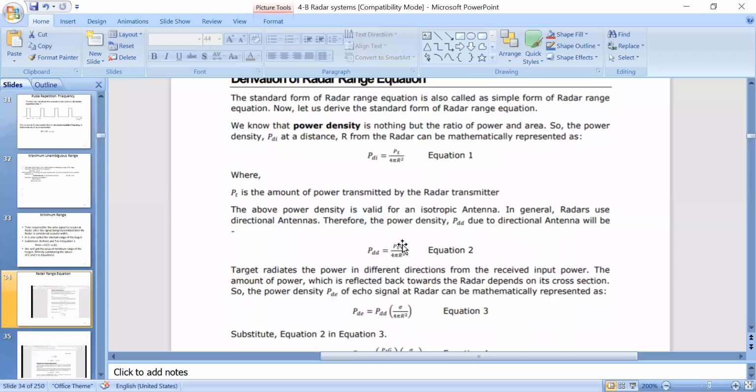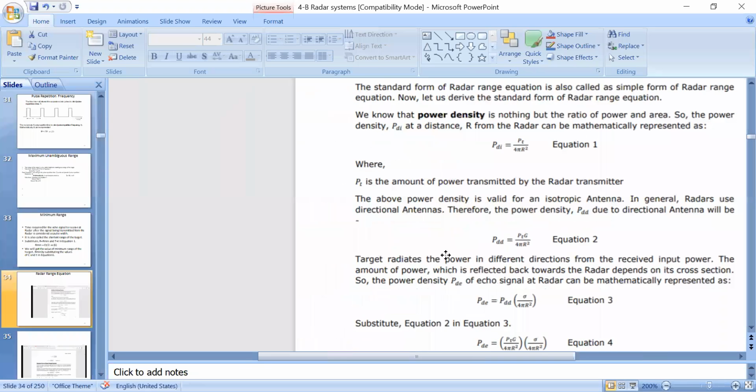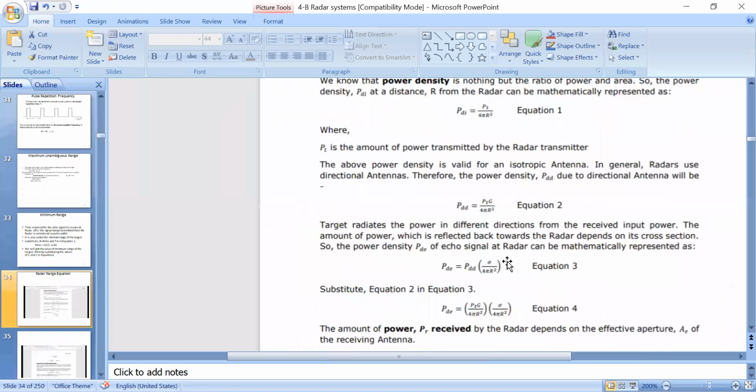We know that PDD is PTG by 4 pi R square. Now substitute this PDD value into this equation, and it becomes PTG by 4 pi R square into sigma by 4 pi R square, which is equation 4.